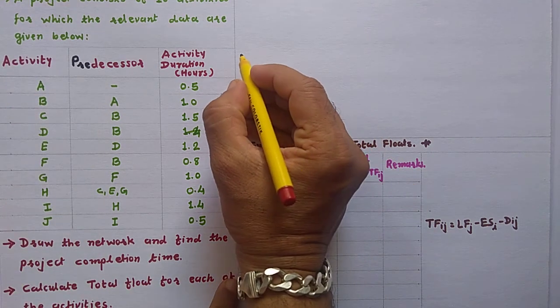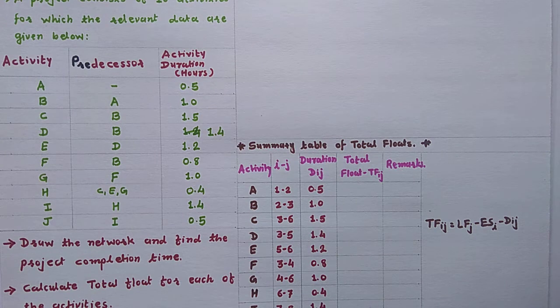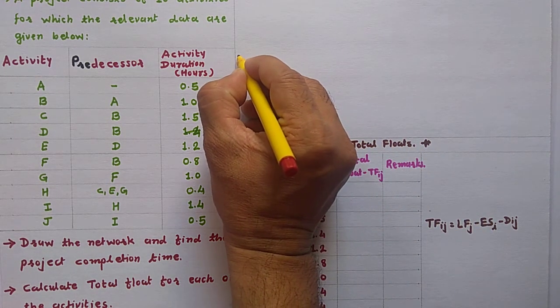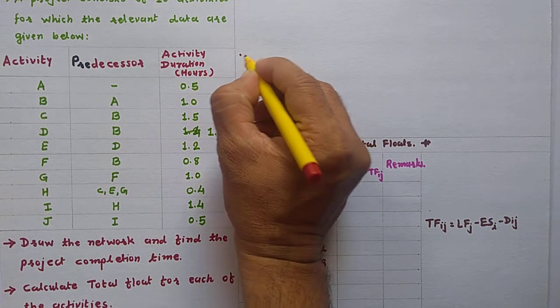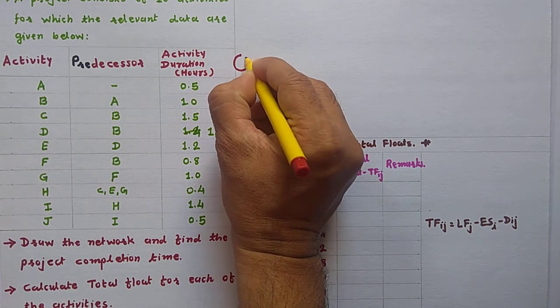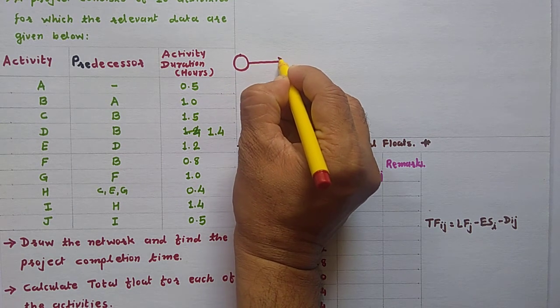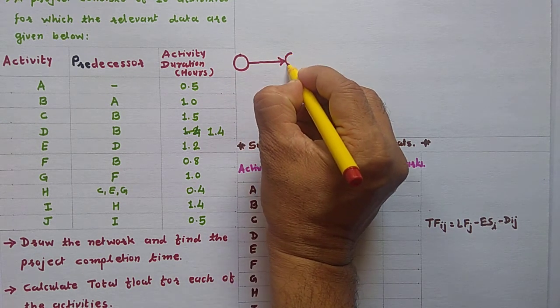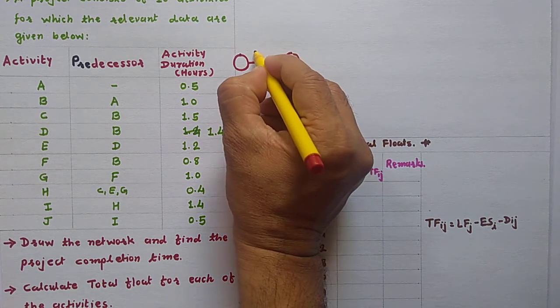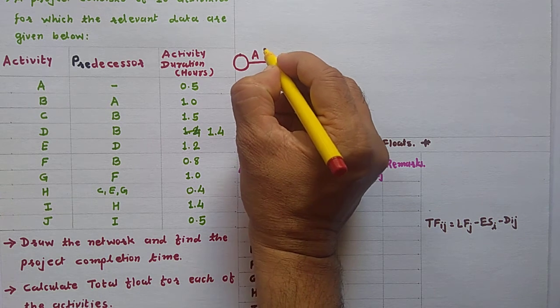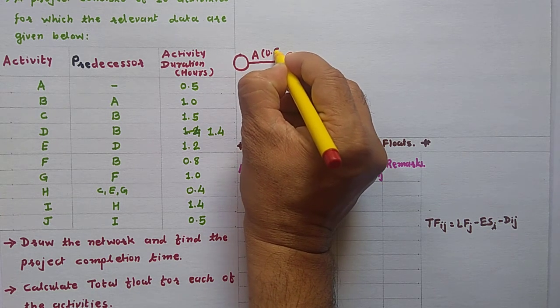A, so this is event 1. This is the first activity A and the duration is 0.5.